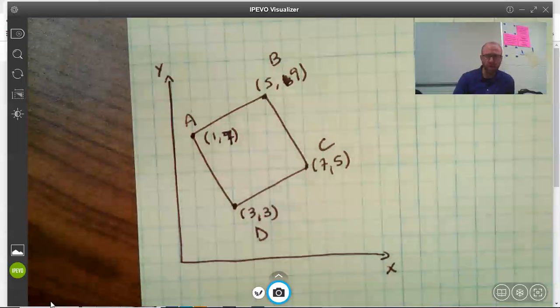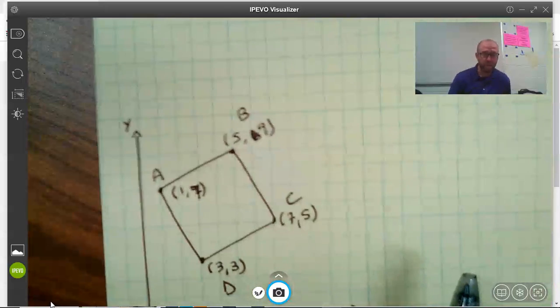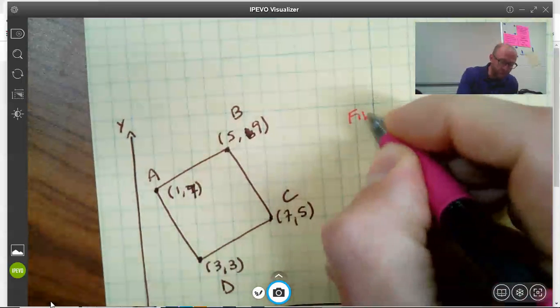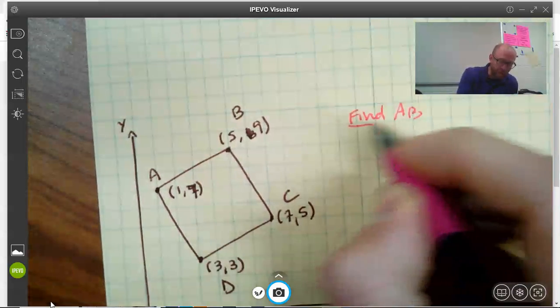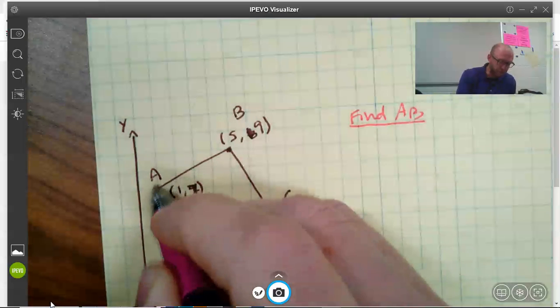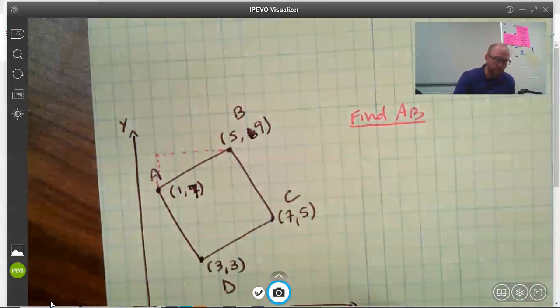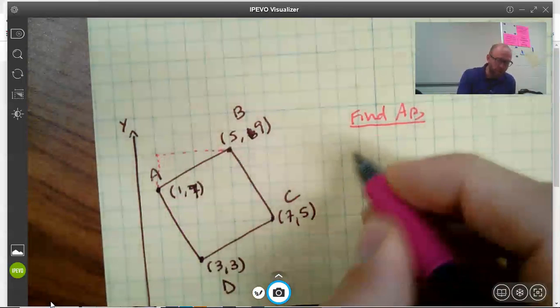We'll do calculations to show that the 4 angles are right angles and that the 4 sides are all the same length. And so we're just going to find AB. That's this length here. So we'll use the Pythagorean theorem. We've got up to and over 1, 2, 3, 4.